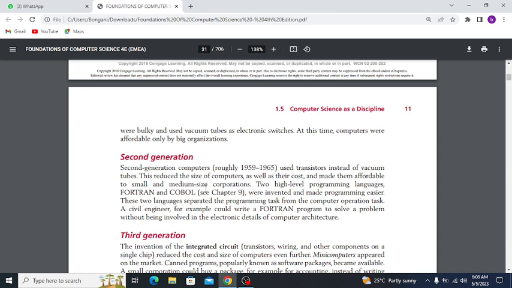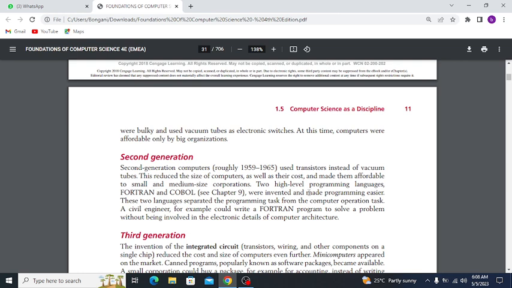This reduced the size of computers as well as their cost, making them affordable to small and medium-sized corporates.